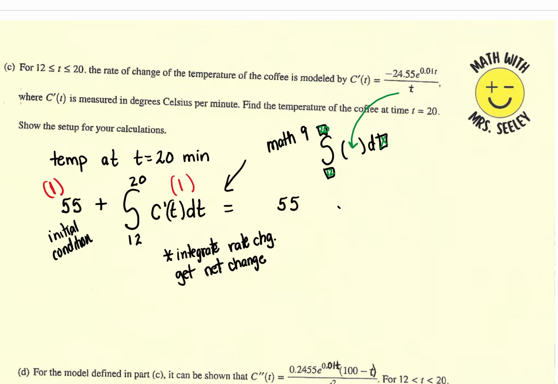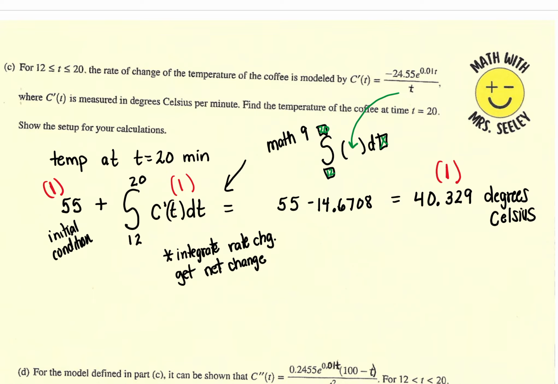When you do that, you're going to get negative 14.6708. Then you do your calculations and you get 40.329 degrees Celsius. Remember that the AP exam likes 3 decimal places for your rounding. If you got that answer, give yourself your next point.